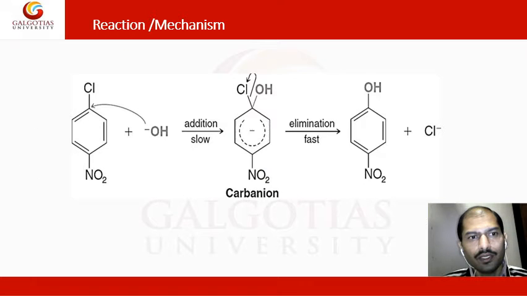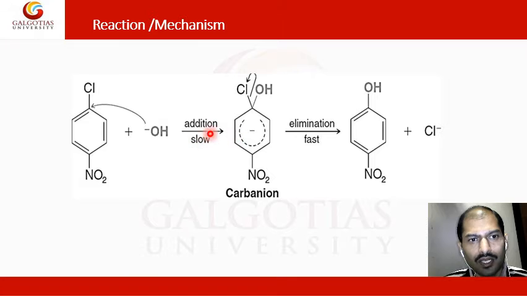Here, if you see the reaction mechanism, once the nucleophile, the OH group, reacts, it makes a carbanion, which is an intermediate. After this, chlorine is eliminated from the aromatic ring, and finally this makes para-nitrophenol. So the reaction takes place by an addition reaction and an elimination reaction.